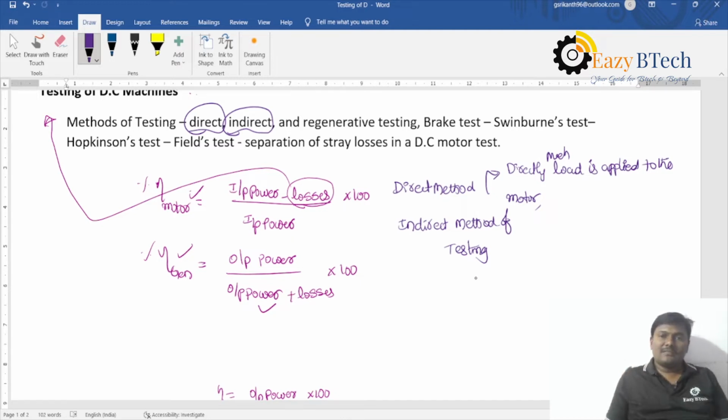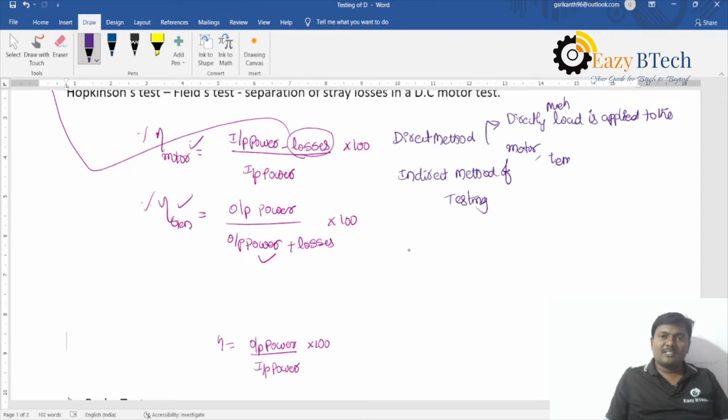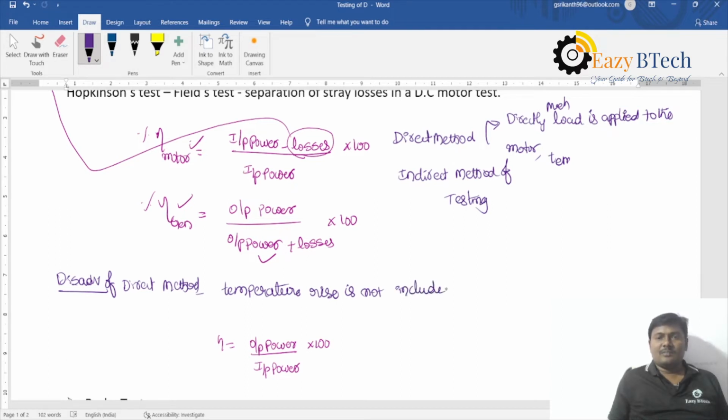What is the disadvantage of the direct method? First of all, the temperature rise is not included, and some of the power is wasted in the form of heat.